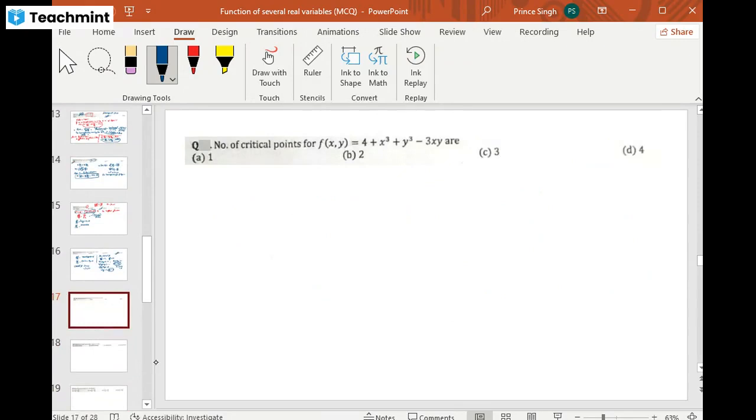The next question is the number of critical points, meaning the number of such pairs for which the first order derivative is 0.